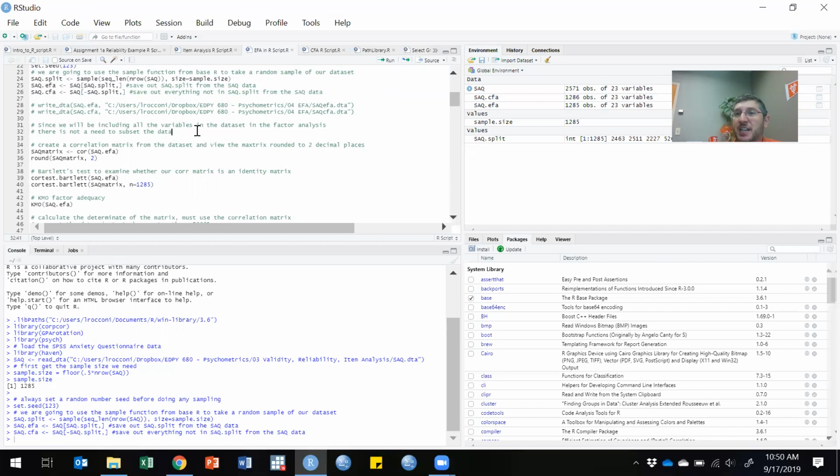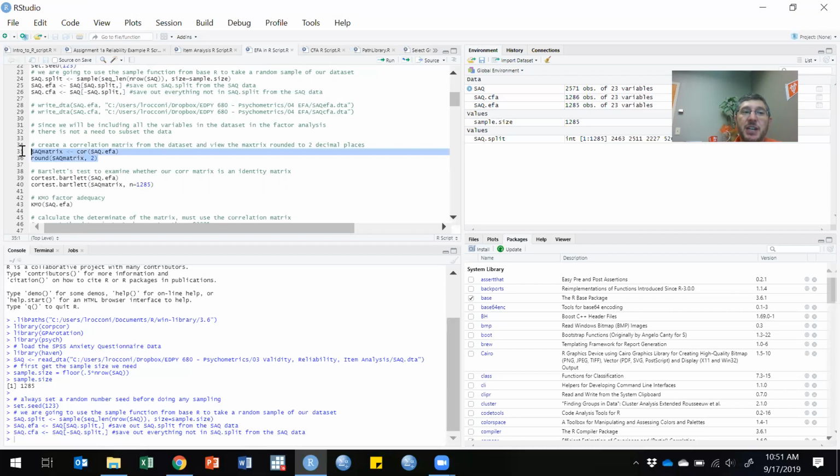One of the first steps in a factor analysis is really to examine the correlation between the variables in the data set. We want our variables to be correlated with each other, but not too highly correlated. Typically, the recommendation is we're looking for correlations greater than 0.3, but not like 0.9, which would suggest multicollinearity or something.